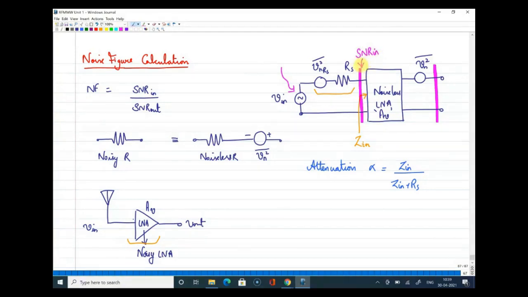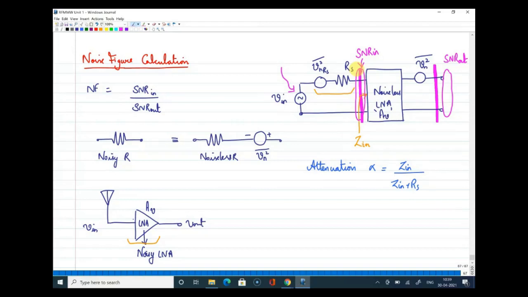It is measured here because we are going to analyze how the SNR degrades as the signal passes through this system, right? Now the system input is here and the system output should be here. So I will be measuring SNR output at this point. I'll mark this as the point where I'm measuring SNR out, and SNR in is measured at the input of the LNA. Right, these are the 2 points I am going to evaluate, SNR in and SNR out.